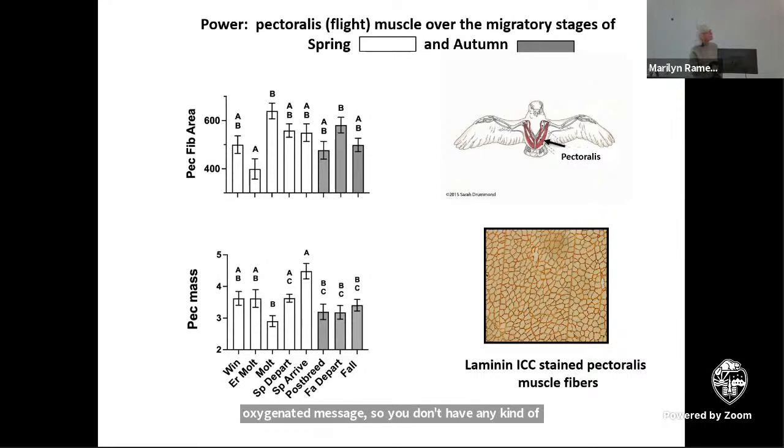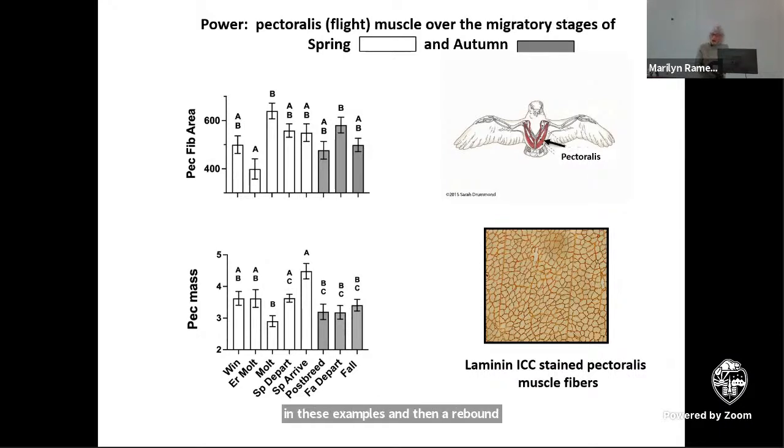Let's look at the data. What surprised us is that across all these stages, except early molt, it's very uniform. So it's not changing. I thought, well, are we getting hypertrophy here? But during molt, we saw a decline, not a significant one, in these early molt samples, and then a rebound in late molt.